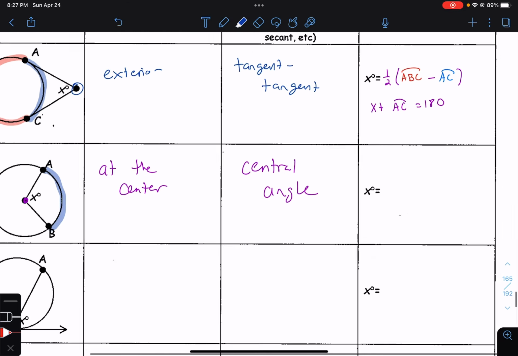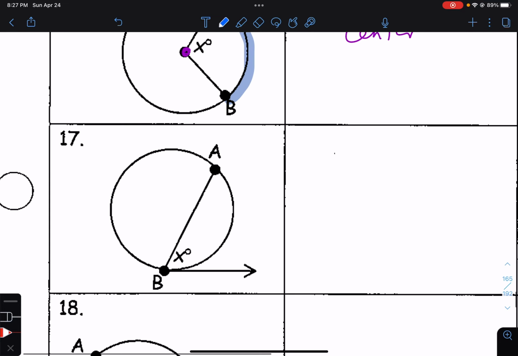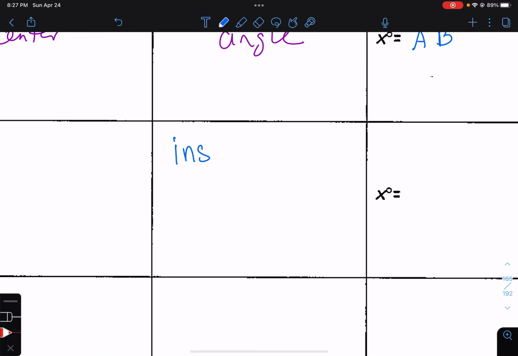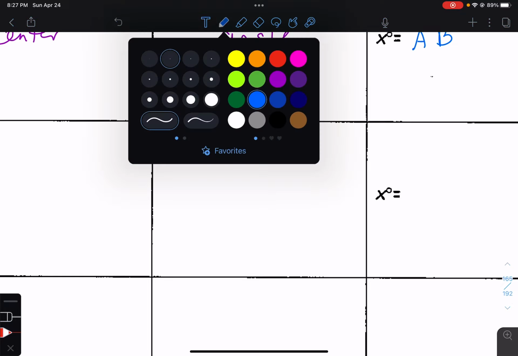All right. So next, we have this here. Now, this is what we learned as an inscribed angle. So that's actually the name of this. We're doing purple.